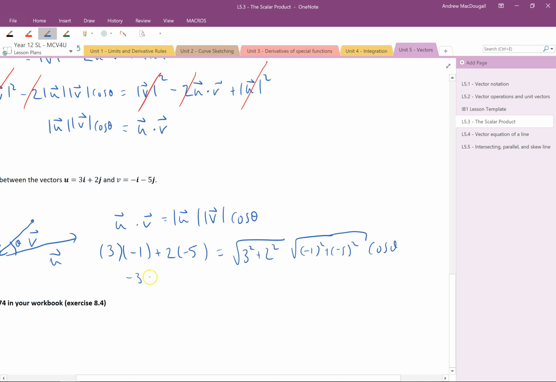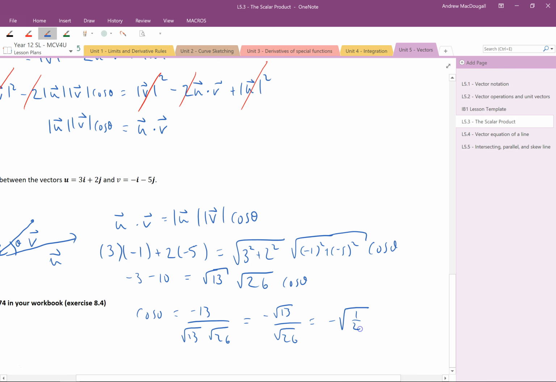So this is -3 minus 10 equals the square root of 13 times the square root of 26. Sorry, this should be 13. So cos theta is -13 over root 13 root 26, which is -root 13 over root 26, which is -root of a half.